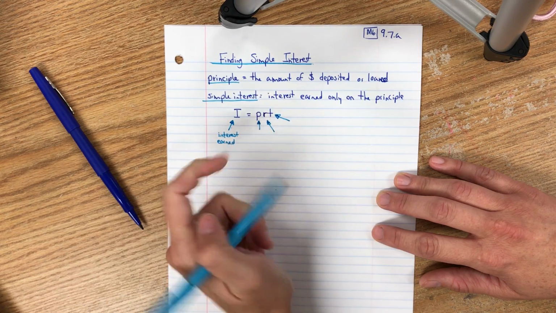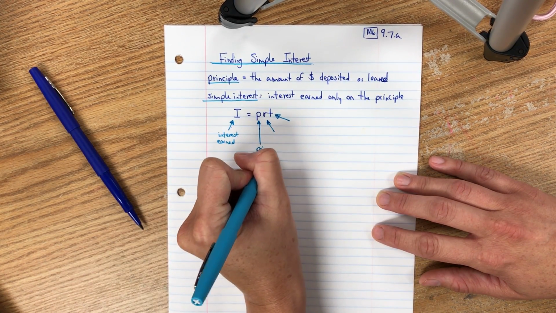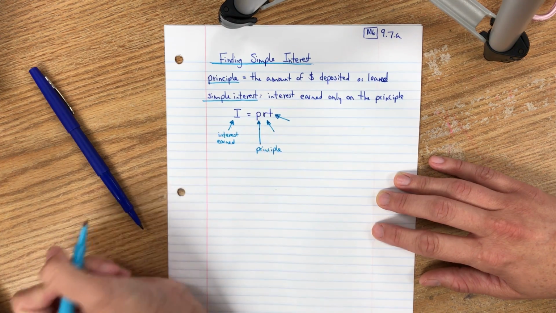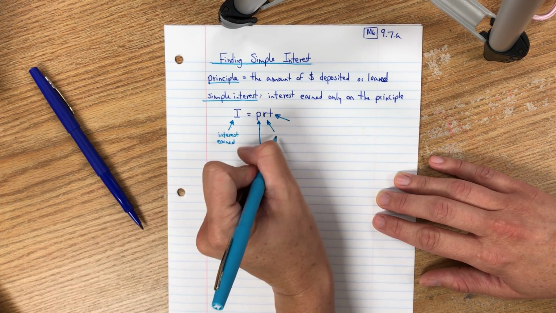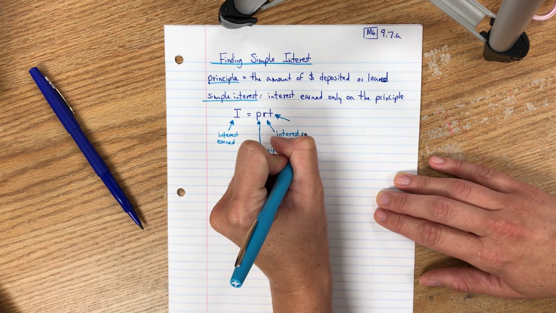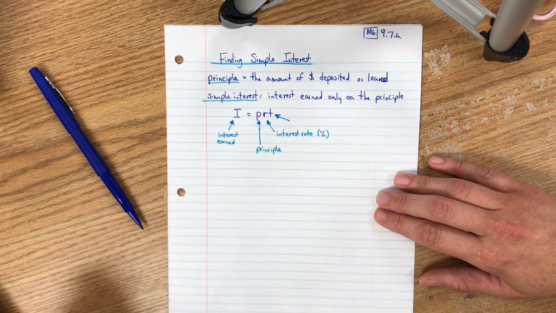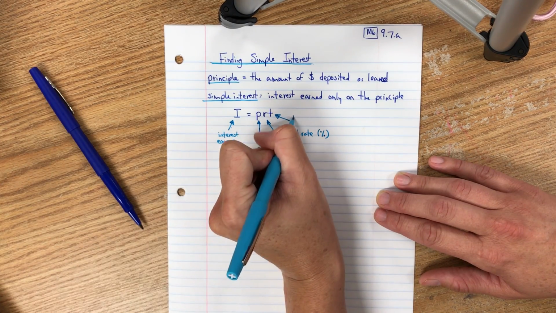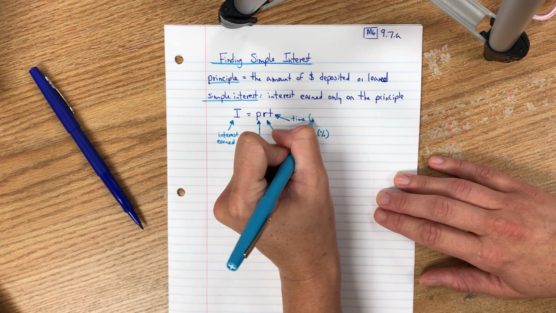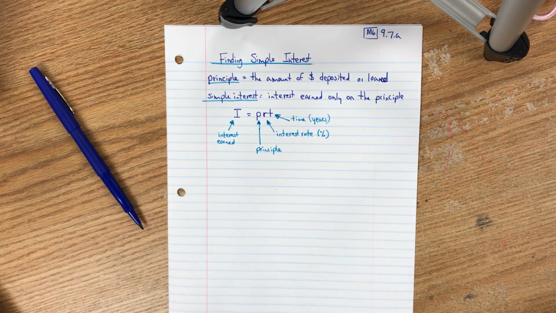P is the principal, which is the money you started with. R is the interest rate, and it's usually shown as a percentage. And T is the time, and it's the time in years. So go ahead and pause the video to get that formula copied down, and then restart when you're ready to move on.